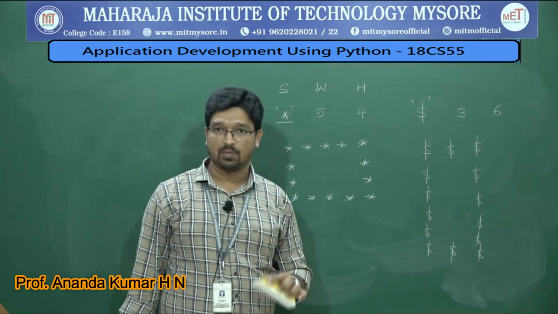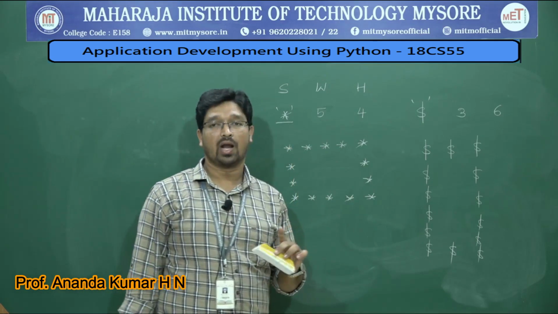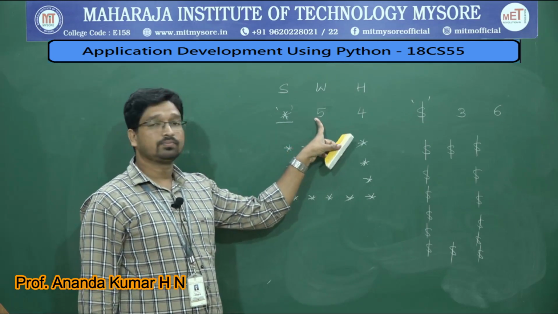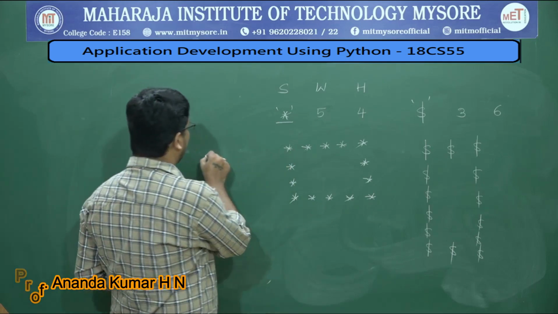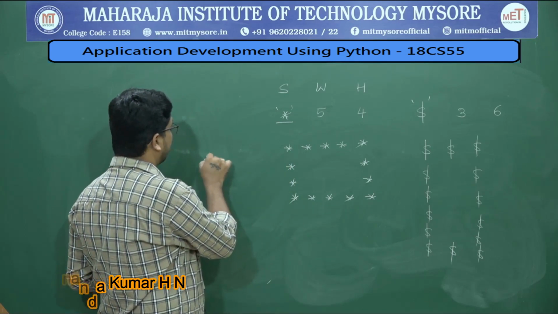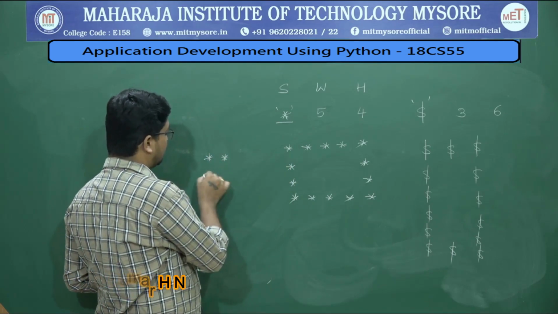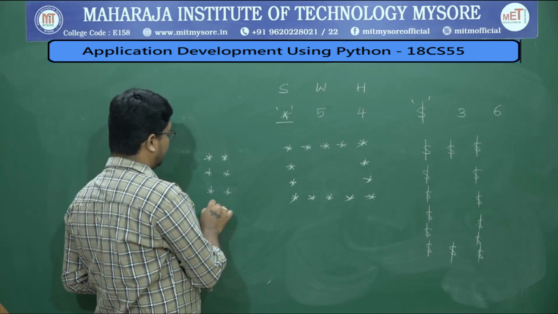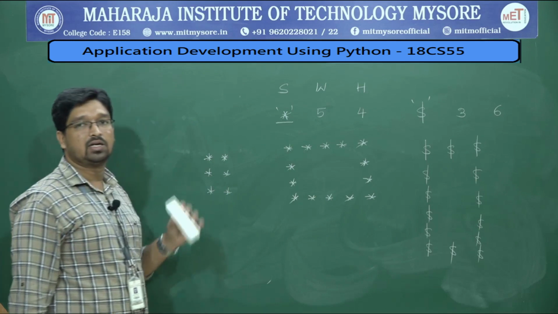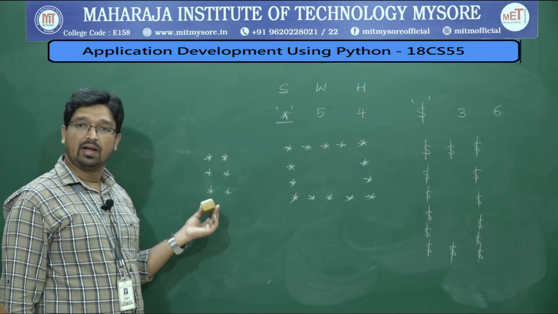Second thing to raise is the width should be greater than 2. Correct? If you take only 2 values, it cannot look like a rectangle, right? If I write like this, it won't look like a rectangle.